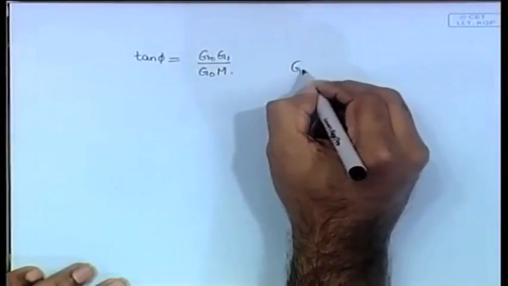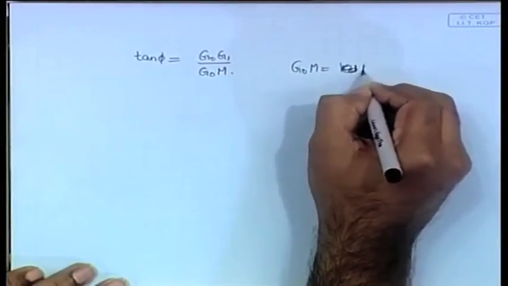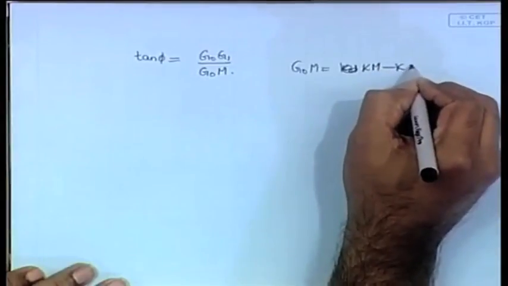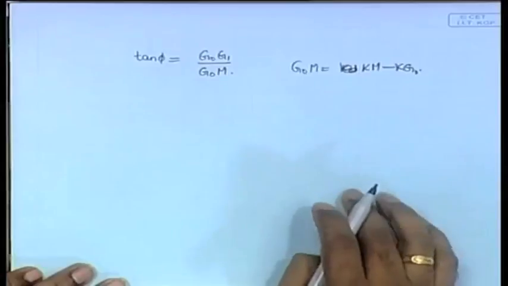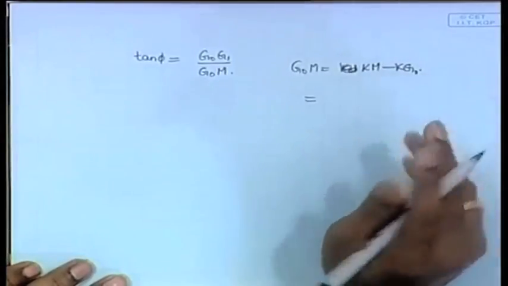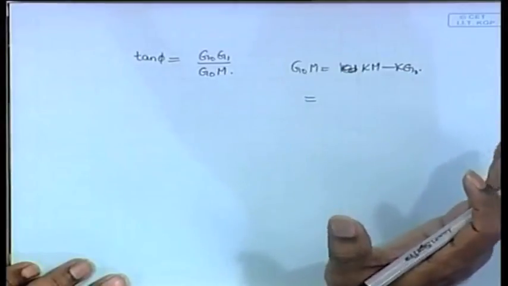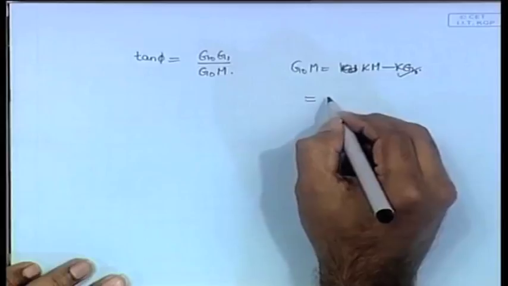Now how will you find G0M? G0M is straightforward, you use KM minus KG0. So this will give you your G0M. So these two are given. Initially the ship's KG is given, that is your KG0, and KM is also given.